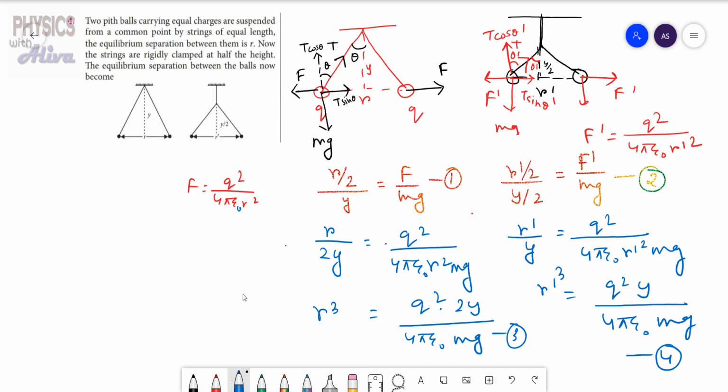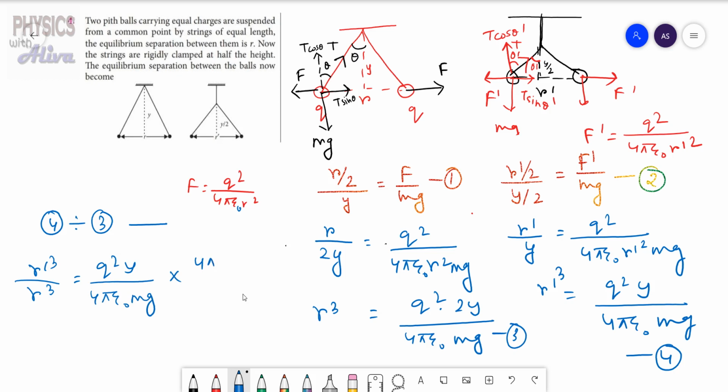Now we are dividing equation 4 by equation 3. We will get r dash cube divided by r cube, that is Q square y divided by 4 pi epsilon naught mg into 4 pi epsilon naught mg divided by 2yQ square. Yq square, we are cancelling the terms.